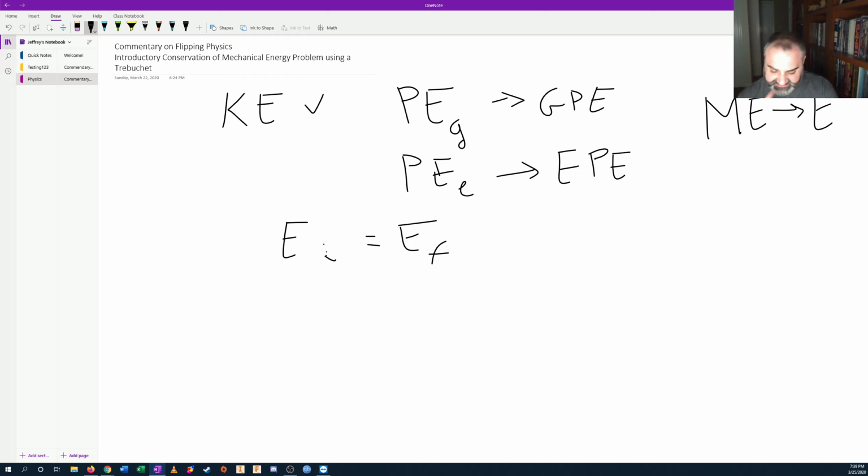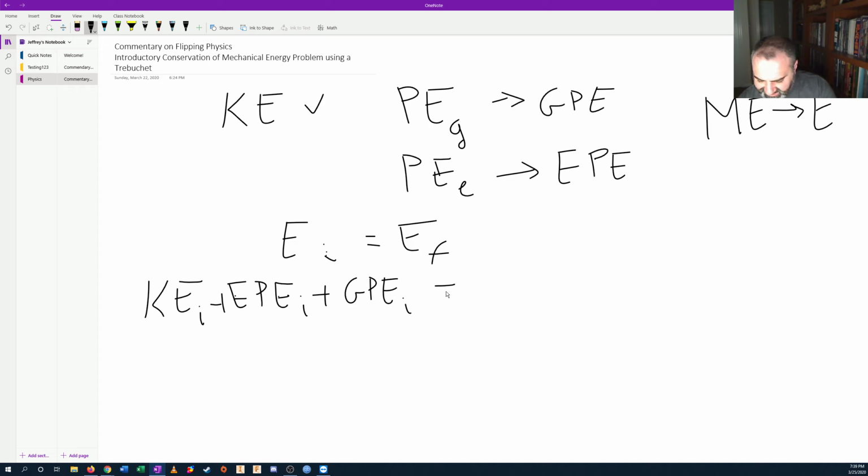He's right, it is the mechanical energy that's being conserved, and this is Ke initial plus EPE initial plus GPE initial. I'll often write a subscript as 0, 0 for initial, i for initial, six of one, half a dozen of the other, equals Ke final plus EPE final plus GPE final.